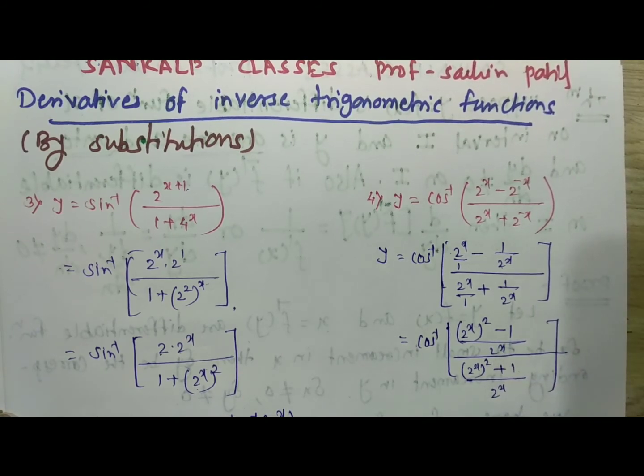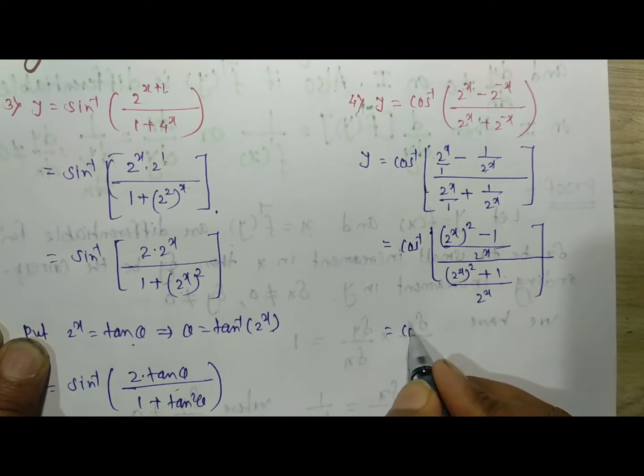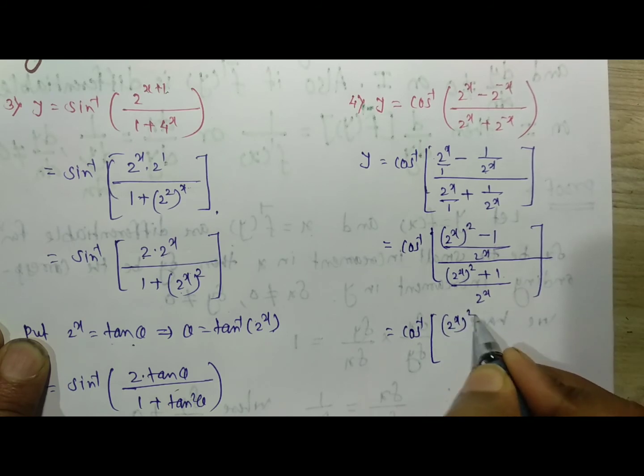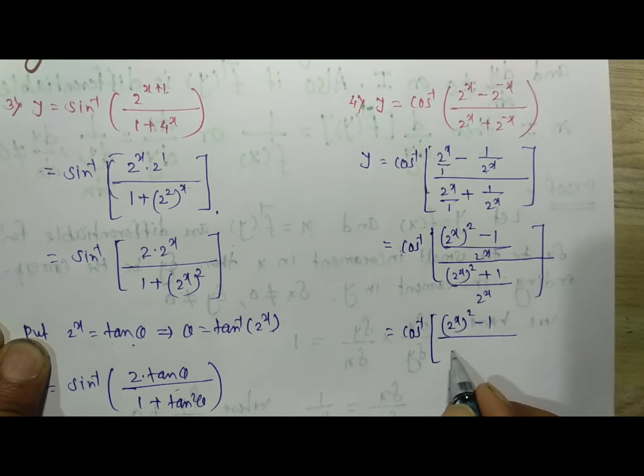You will get the cos inverse inside the bracket 2 raised to x square minus 1 divided by 2 raised to x square plus 1 is here.